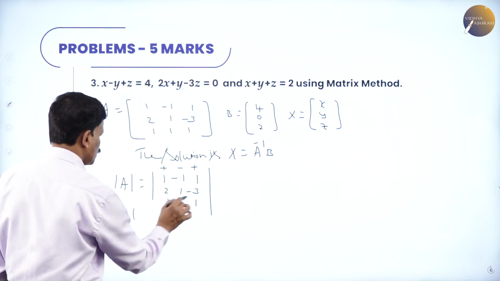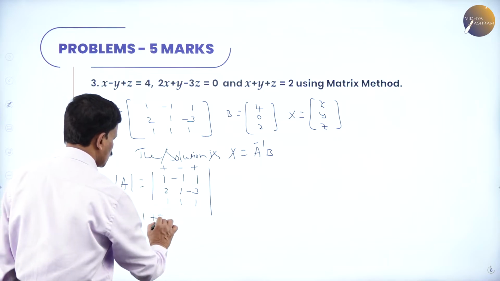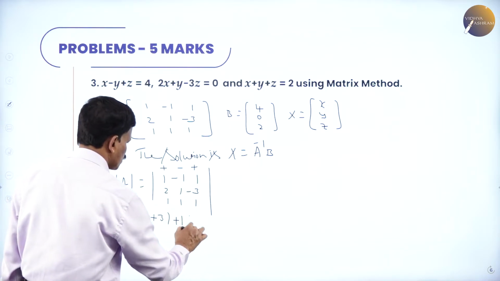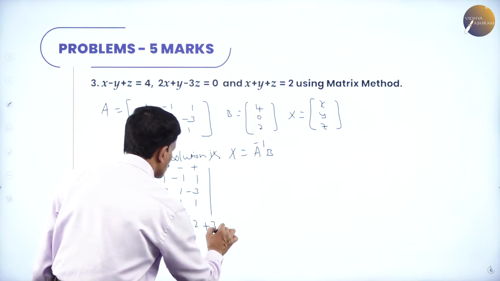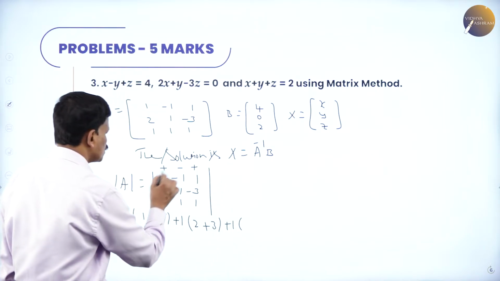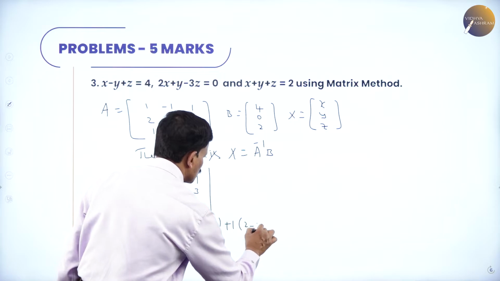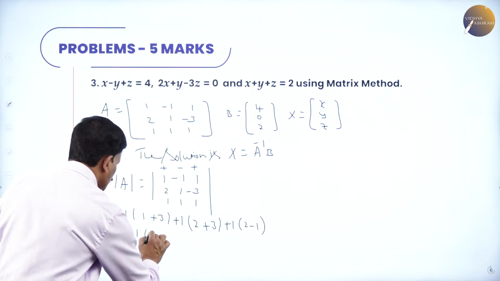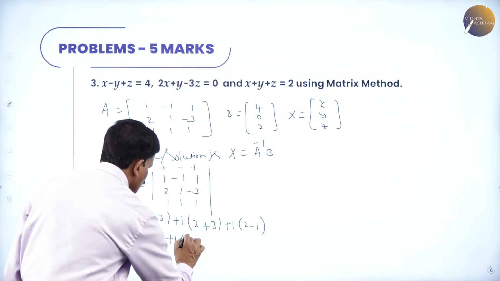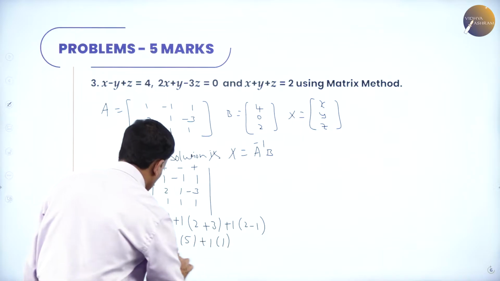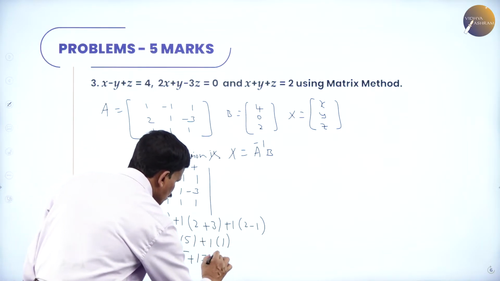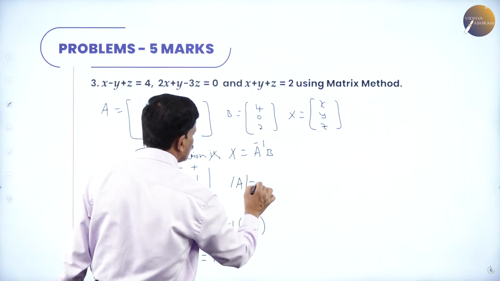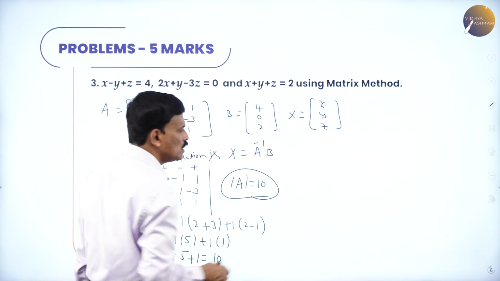This is equal to 1 into (1 plus 3), minus of minus 1 into (2 plus 3), plus 1 into (2 minus 1). So this is equal to 1 into 4 plus 1 into 5 plus 1 into 1. So this is 4 plus 5 plus 1, which is equal to 10. So determinant of A is equal to 10, not equal to 0.